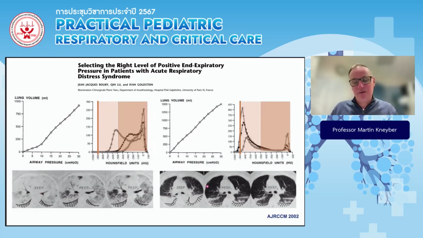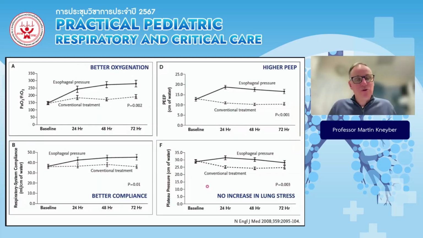Again, dissecting the syndrome. Now, Daniel Talmor tried to show that esophageal pressure manometry and then guiding PEEP based on esophageal pressure manometry measurements would be beneficial. In the first study, they looked at lung mechanics, so it was more of a feasibility study. And indeed, if you set your PEEP based on esophageal pressure manometry, there was a better oxygenation, a better compliance, because higher levels of PEEP were used, without increasing lung stress, the plateau pressure stayed below 28 centimeters of water.